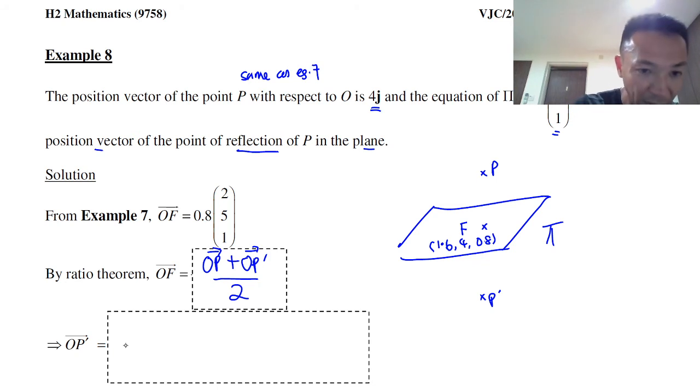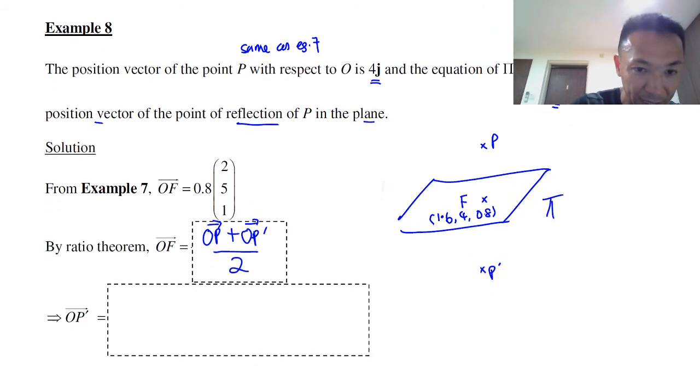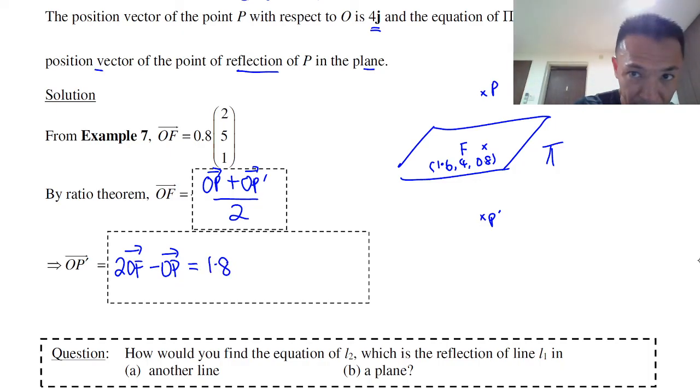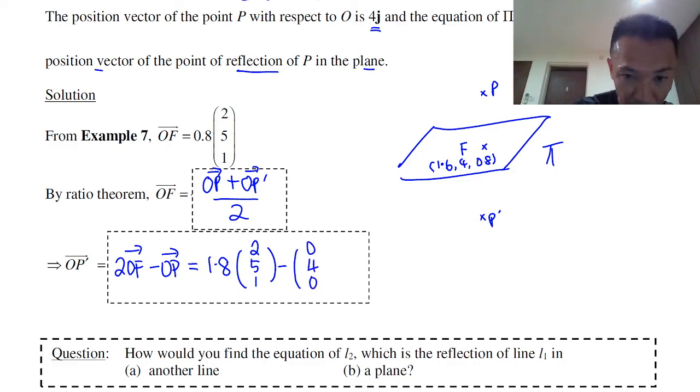So of course you make OP prime the subject. I will get OP prime equals 2OF minus OP. Then we just substitute in. I get 2 times (1.6, 4, 0.8) minus (0.4, 0, 1), and then you get (3.2, 8, 1.6).